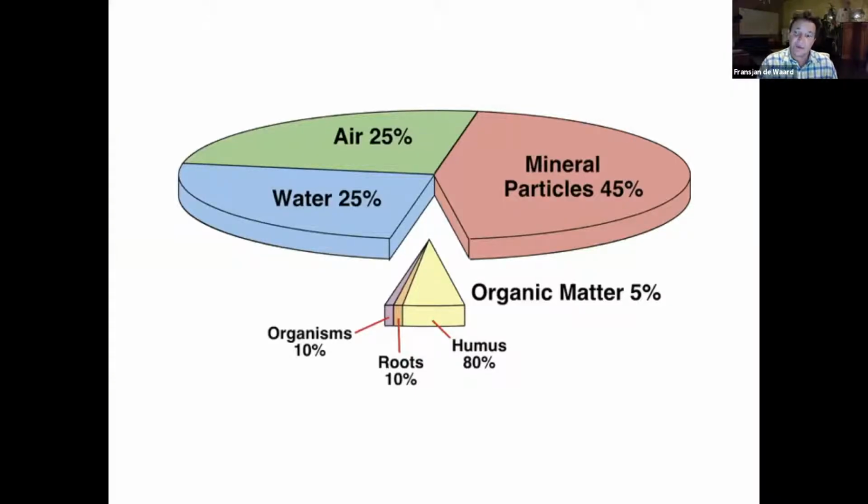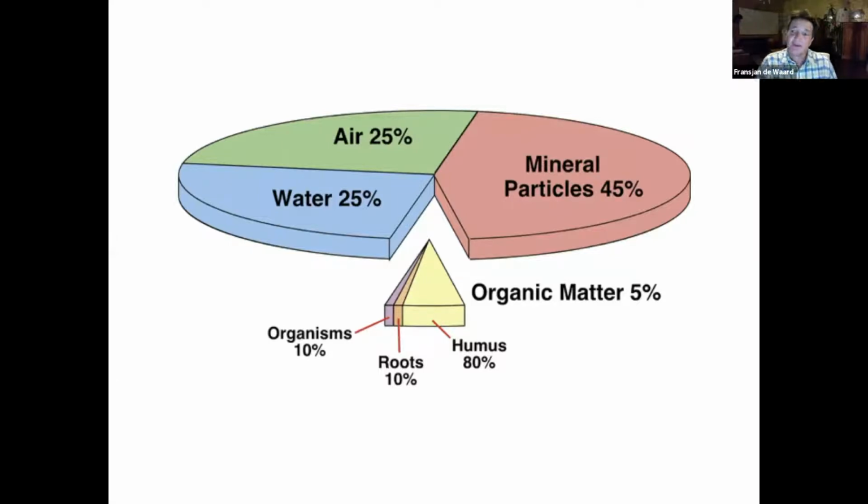So if we talk about agricultural soils, because that's obviously the soil that we use most intensively, we have a rough partition of what that should contain. If we talk about soil and fertility, we usually refer to just the red part, the mineral particles.